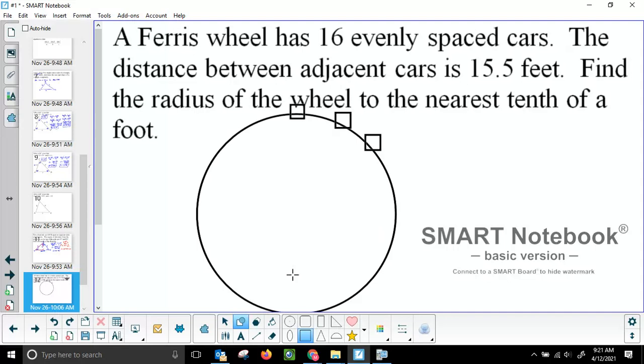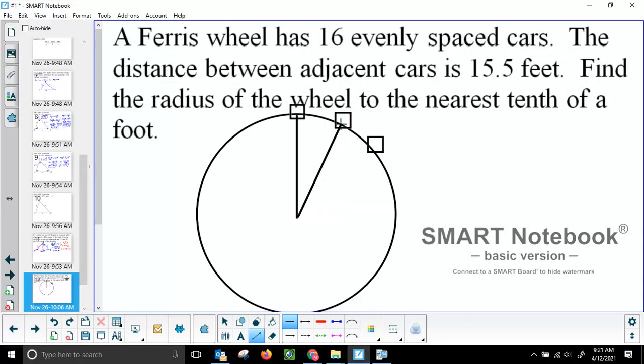There's going to be 16 of them total. Let's think of these as radii, from the center of my circle to this car, and from the center to this car. We really only need 2 cars on here.